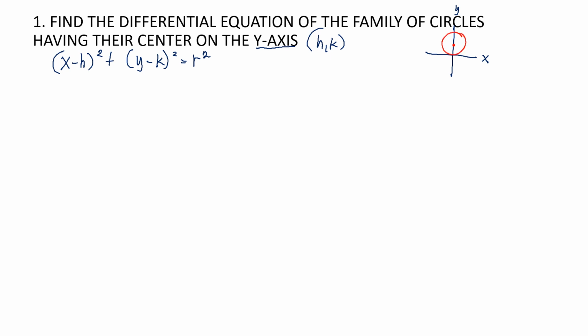Looking at that, therefore, the h, or the x coordinate of the center, is 0. So h = 0. In our equation, if h is 0, we can cancel the h, so what remains is x^2 + (y - k)^2 = r^2.